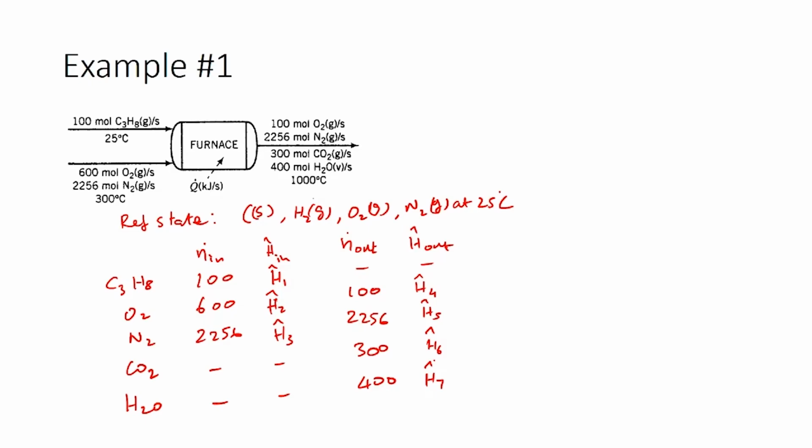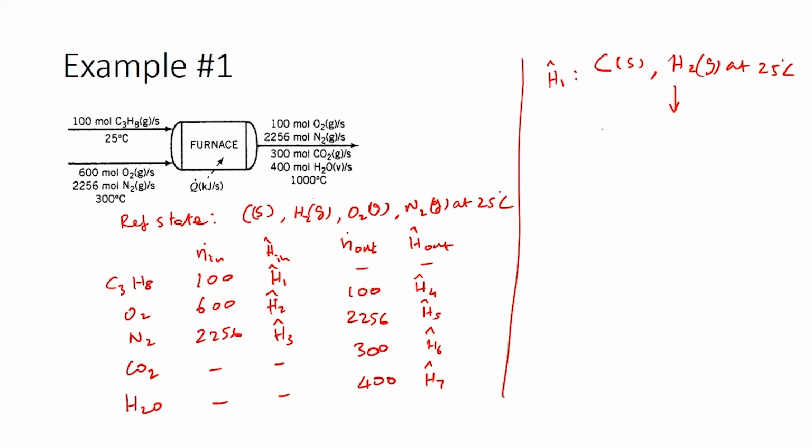Let us now see what is actually the process where this enthalpy is being formed. Let us look at H1 cap. So, what is H1 cap? You have the reference state, which is carbon solid and hydrogen gas, all at 25 degrees Celsius and 1 atmosphere, going to C3H8 gas at 25 degrees Celsius.